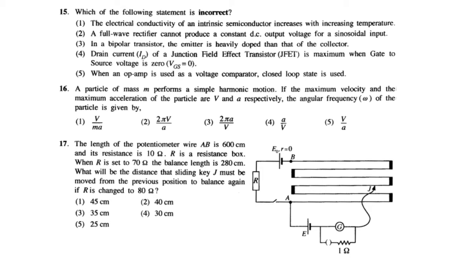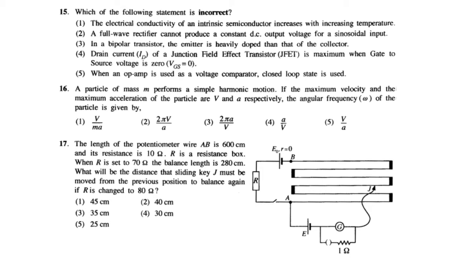Suppose the resistance of the potentiometer wire is simple R, then the current in the potentiometer circuit is capital I. Then we can write E0 equal I into simple R plus capital R. When capital R is 70 ohm and simple R is always 10 ohm, that is the resistance of the potentiometer wire, and the current is I1, then we can write E0 equal I1 into 10 plus 70, that is I1 into 80.